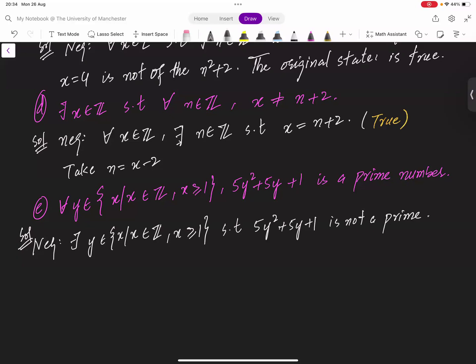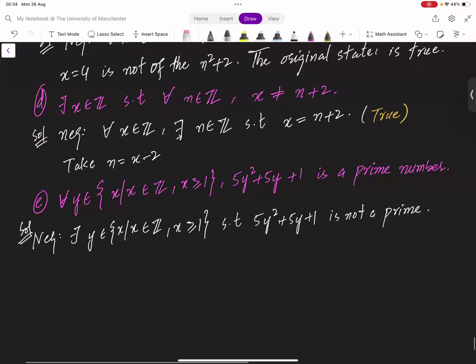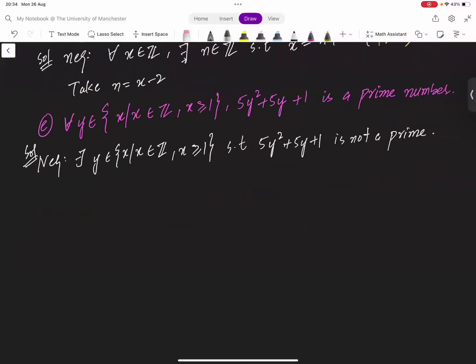And this negation is true. You can show that.